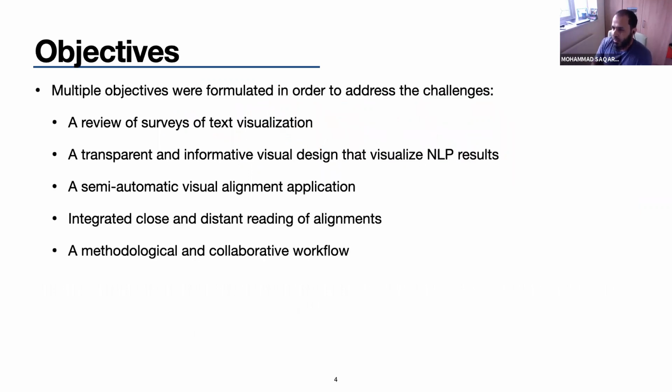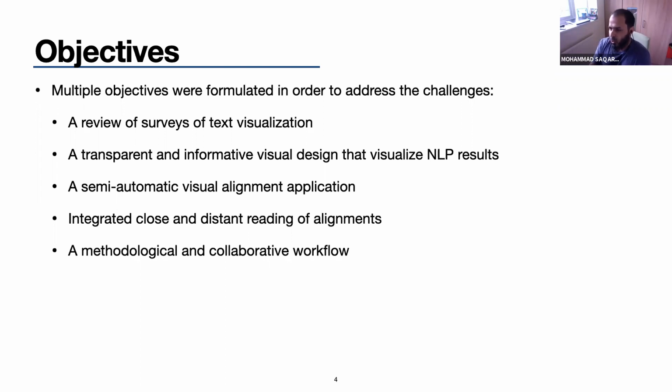So the objectives. First of all, we want to review the text visualization, since it's a quite textual data set. So we want to review the current state of the art in text visualization. Then we'll tackle the first challenge, which is a transparent and informative visual design that visualizes NLP results. The third objective, and the second step in the workflow, is to implement a semi-automatic visual alignment application.